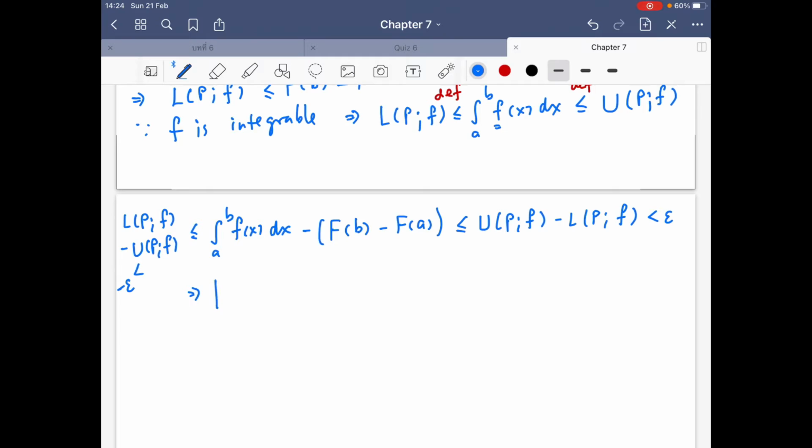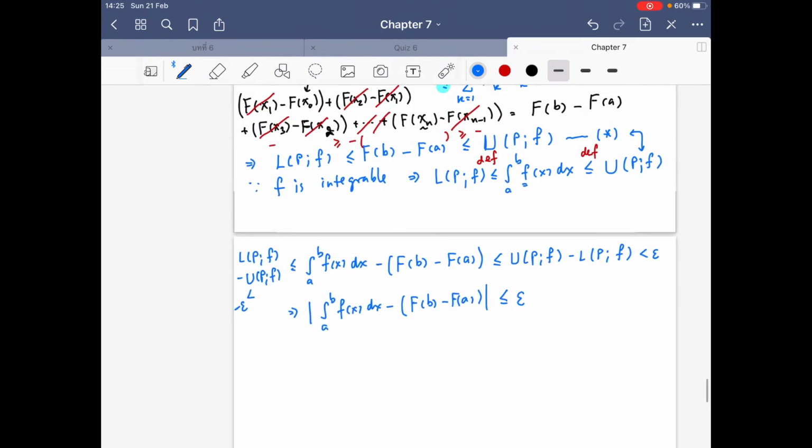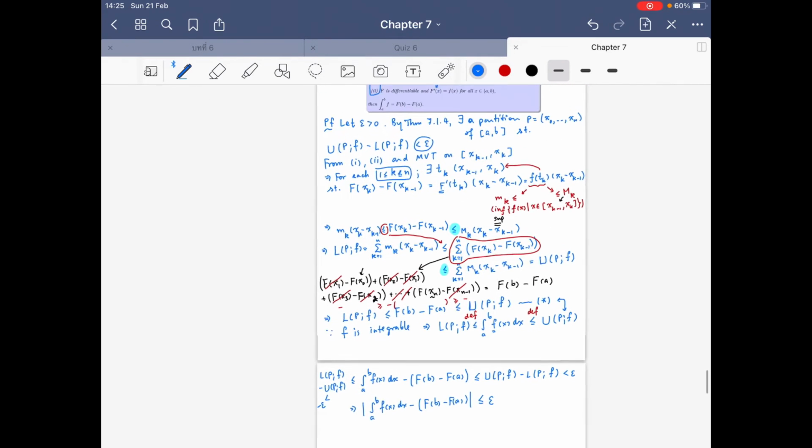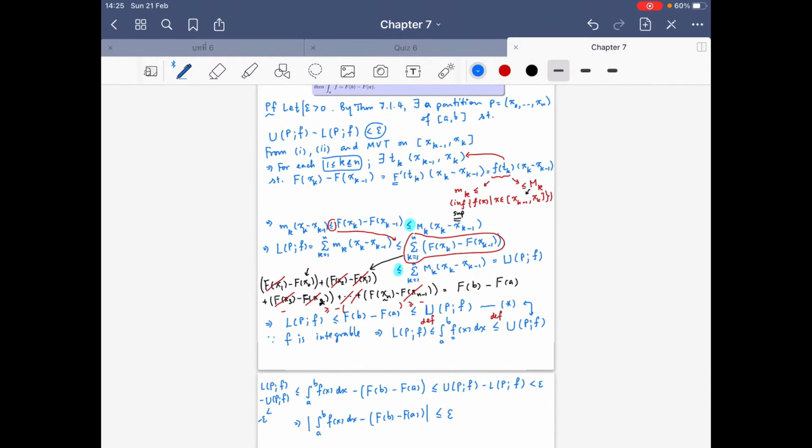So it means that the absolute value of these differences is less than or equal to epsilon, no matter how small the epsilon is, for any positive epsilon. Then what does this mean? It means that they cannot be something else, but they must be the same.